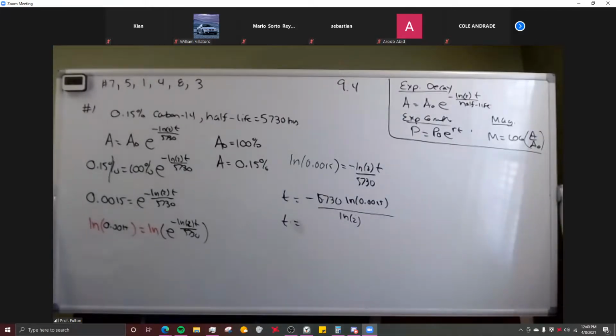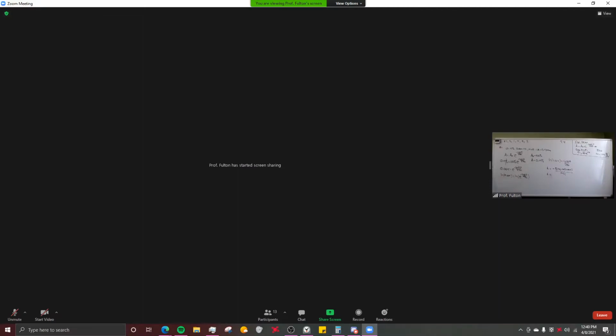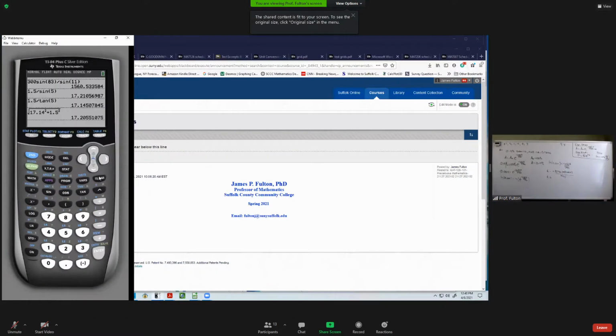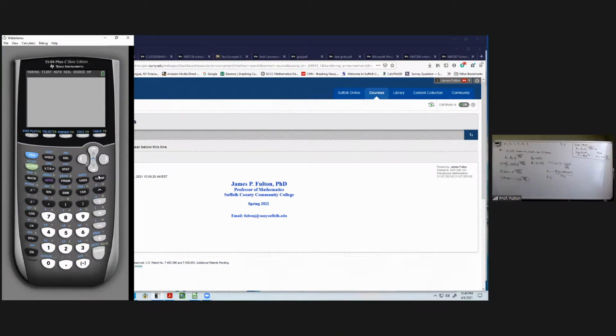Let's plug it into our online calculator here, just so everyone can see what I'm doing. Turn it on, clear the screen, and then we just get, I'll change the sign, 5,730 natural log of 0.0015 divided by the natural log of 2, ln of 2.